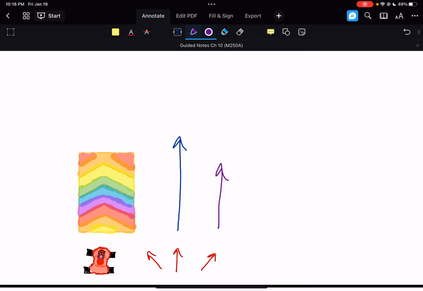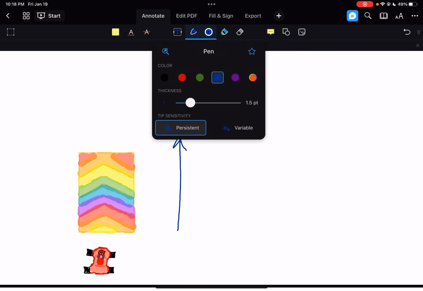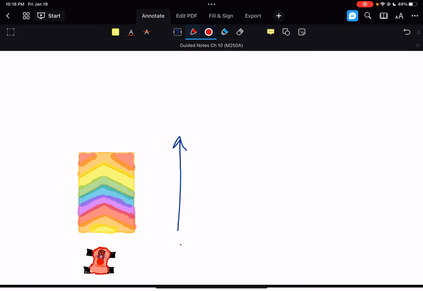If you were to come at it from an angle, so say you've got your speed pad here, and you come at it from this angle right there. So we've got these two vectors.